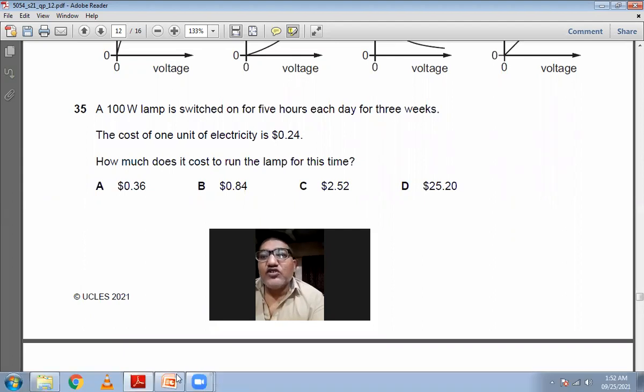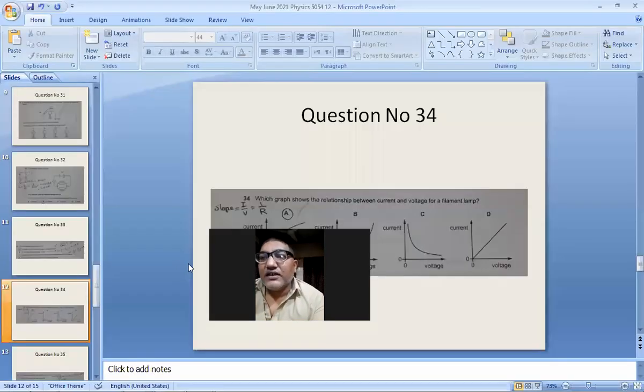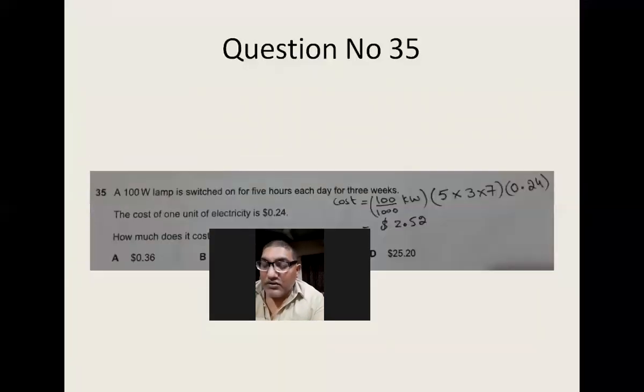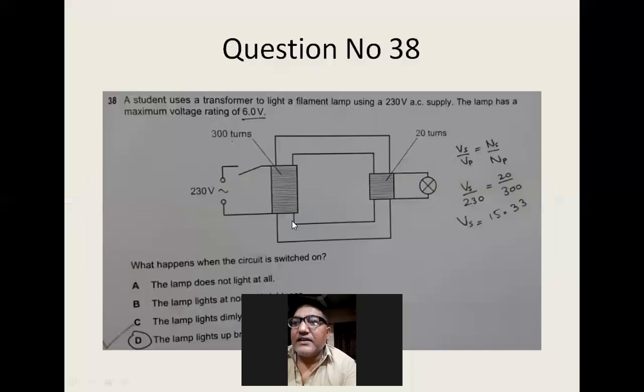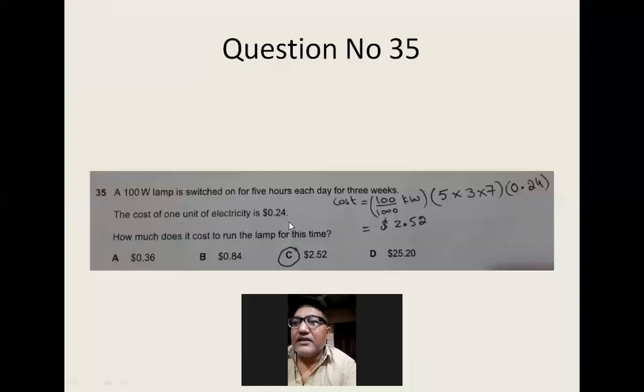So let me show you. I've done this on a paper. So here we have, the cost will be power multiplied by the total time multiplied by the price of 1 unit. And the power should be in kilowatts.